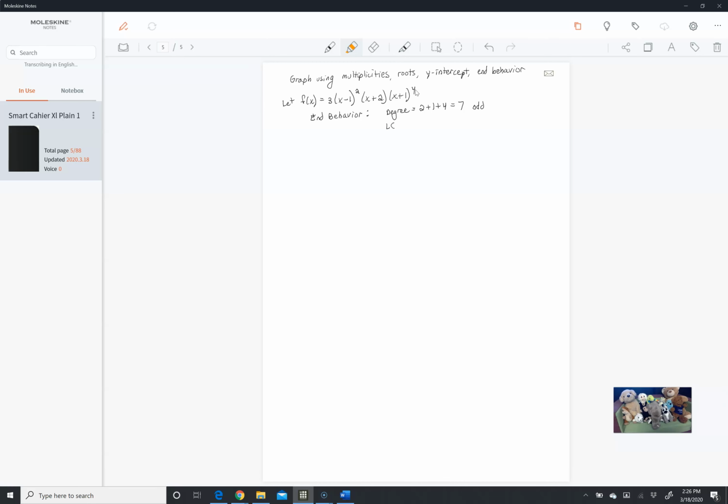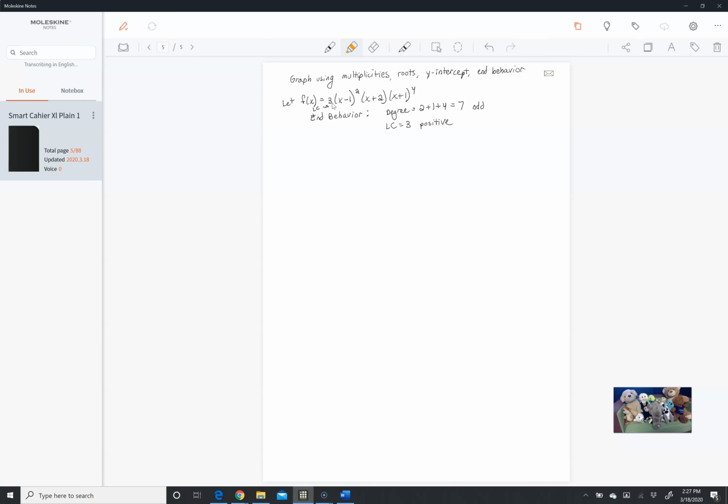The leading coefficient is just 3. So we look at this number in front to figure out the leading coefficient. Okay, here's our leading coefficient. So all we care about here is whether it's positive or negative, and it's positive.